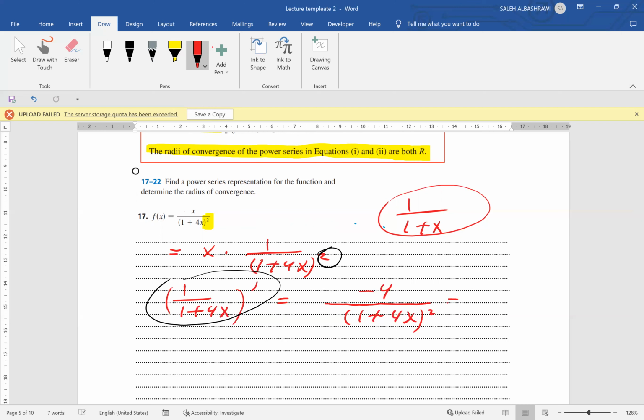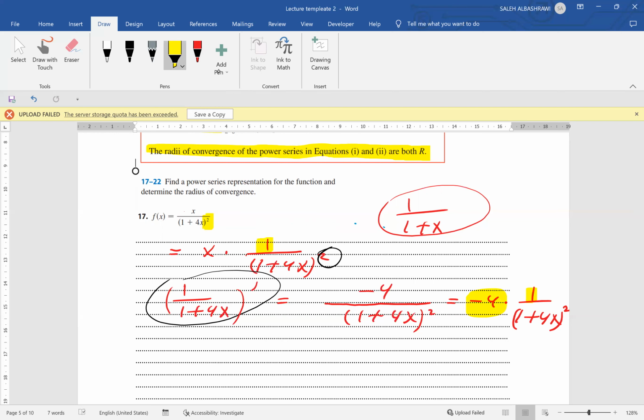So the derivative of 1 over 1 plus 4x is equal to minus 4 over (1 plus 4x)^2, or I can write it as minus 4 times 1 over (1 plus 4x)^2. I have 1 there, but I have this coefficient minus 4.